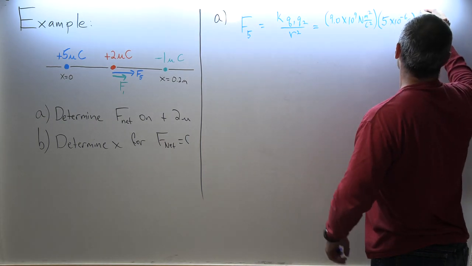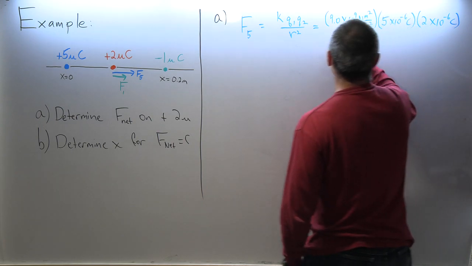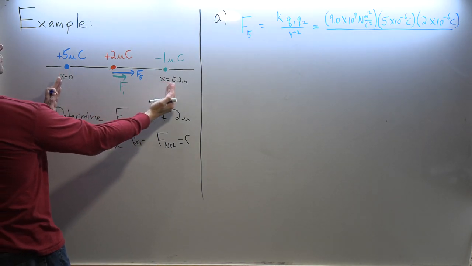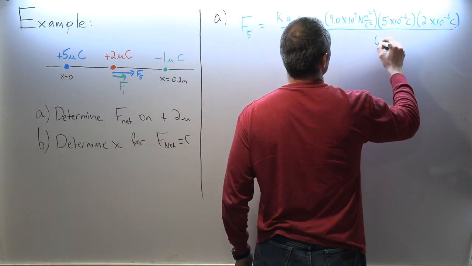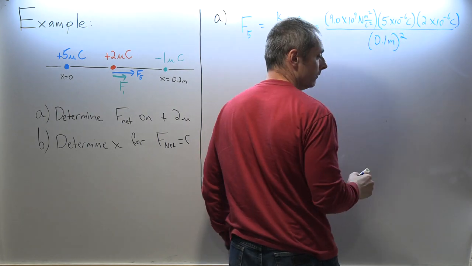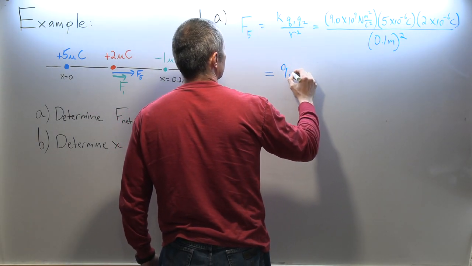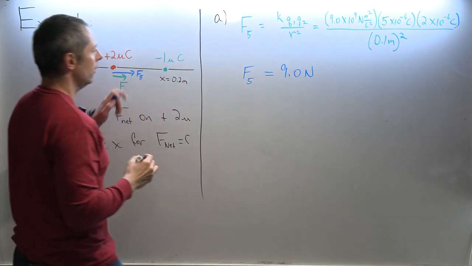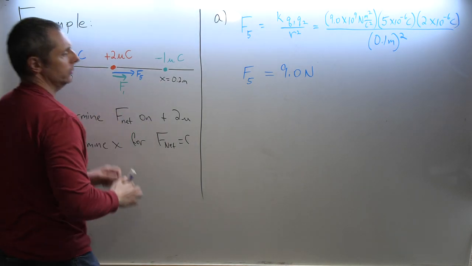And the other one is 2 times 10 to the minus 6 coulombs. And how far apart are they? Well, from here to here, if this is 0.2 meters, these two are 0.1 apart. So I put this in. Okay, so this comes out to be 9.0 newtons. So that's how long that arrow is. I need to find the other arrow, so I'm going to find the force between these two.